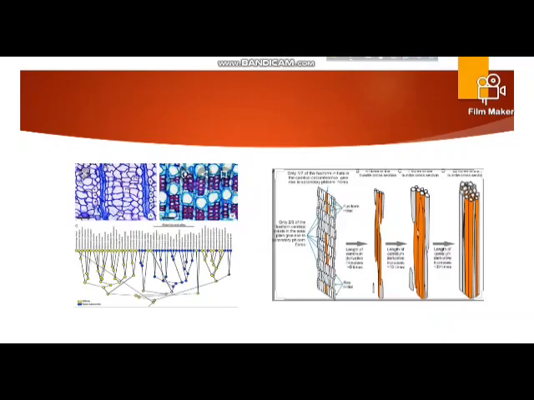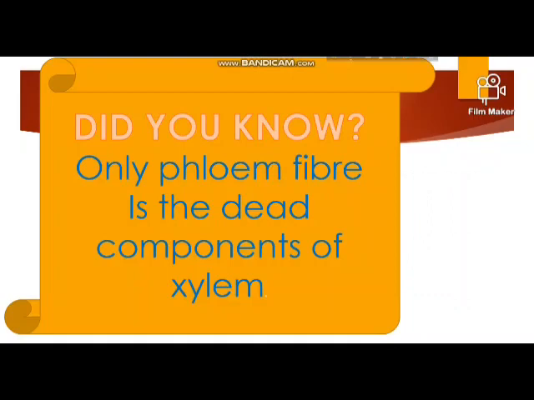Only phloem fiber is the dead component of the phloem. And one more important note: the xylem transports water and minerals upwards from the roots. That is, the conduction in xylem is unidirectional and that of phloem is bidirectional. That is, it transports food manufactured in the leaves to all parts of the plant.